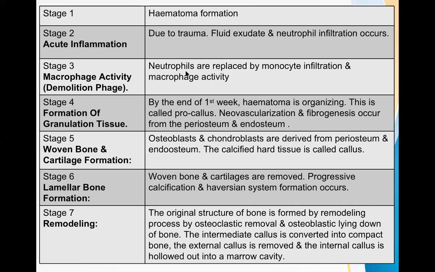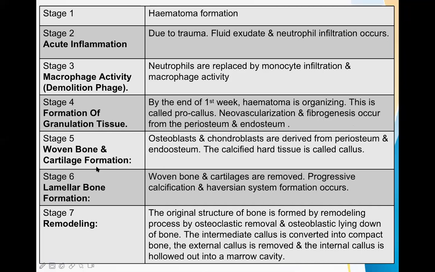These neutrophils are replaced by monocytes or macrophages. After that, there is granulation tissue. We already talked about it. Granulation tissue is also known here as procallus. In this stage, neovascularization, or new blood vessel formation, and fibrous tissue formation occur. Woven bone will form now.